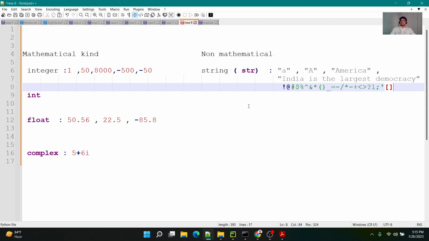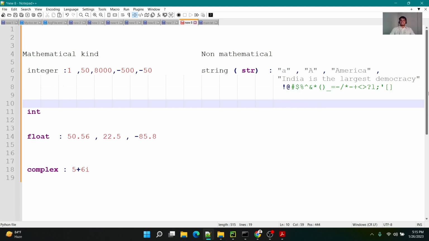So tomorrow if I have to create data something like World Cup 2023 hashtag, then what is this kind of data?